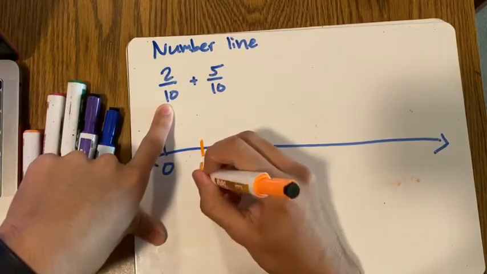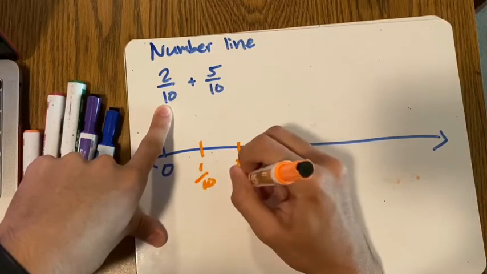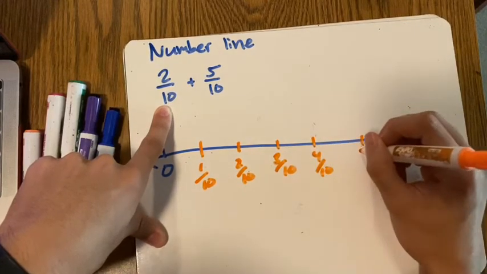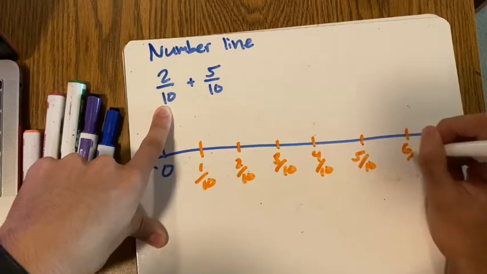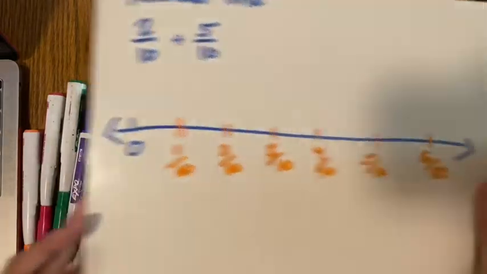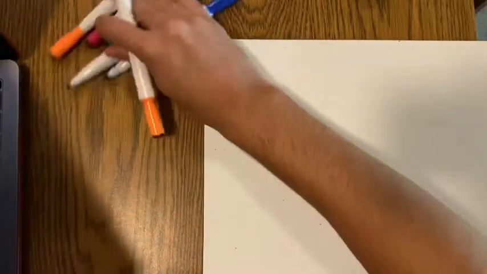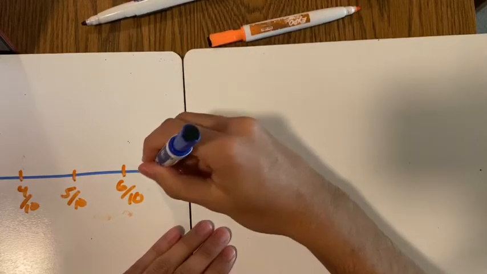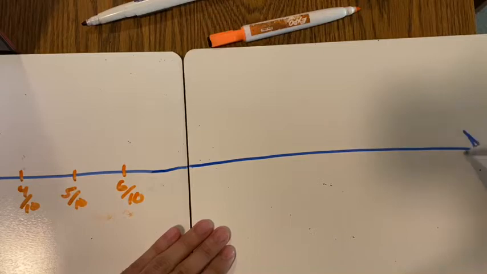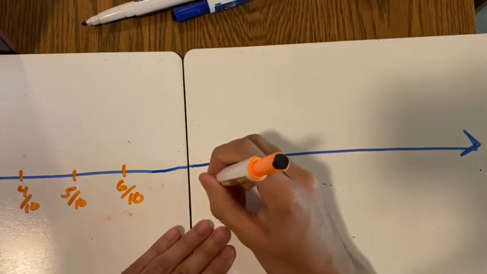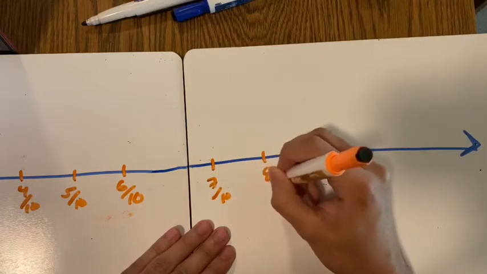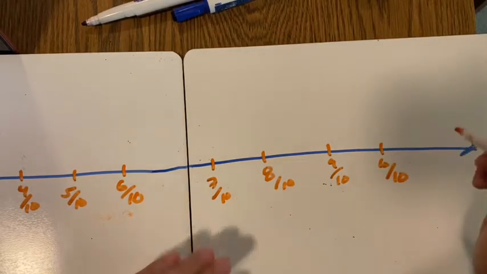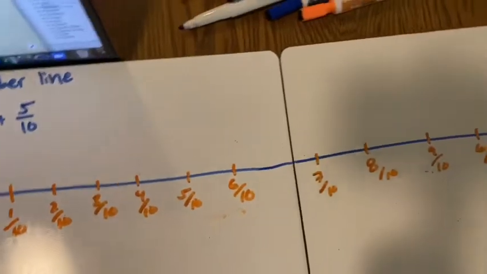So that means I have 1/10, 2/10, 3/10, 4/10, 5/10, 6/10, and I am running out of space. 7 over 10, 8 over 10, 9 over 10, and 10 over 10. All right.